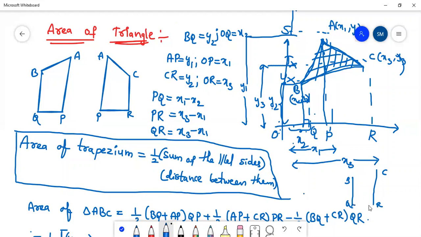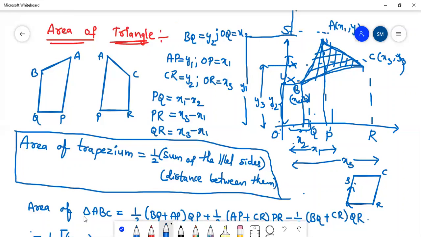So in this trapezium, the sum of the two trapeziums includes ABC, and to calculate only the area of the triangle, this trapezium is subtracted from the sum of the two trapeziums, so we get only the area of the triangle ABC.